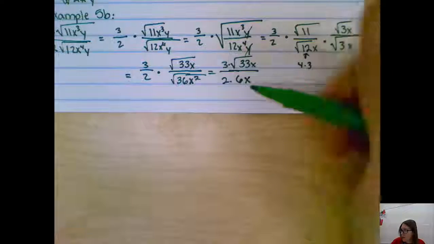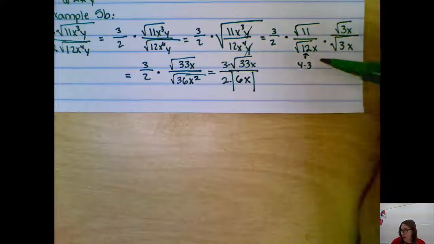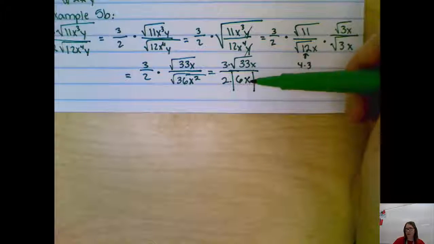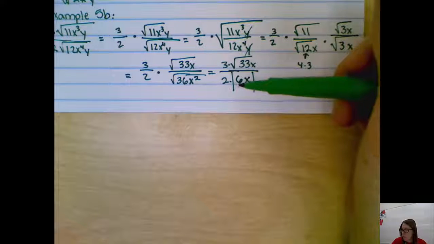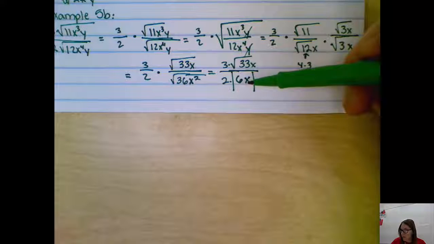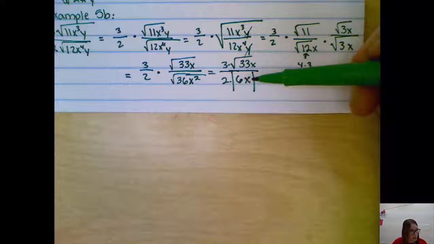Don't forget also, since we took the square root, we have to consider the whole absolute value situation, which x, well, the 6, of course, we don't need to be in the absolute value, since 6 is always going to be a positive number. The x is a little tricky, because x could potentially be a negative number, which makes us think we need the absolute value.